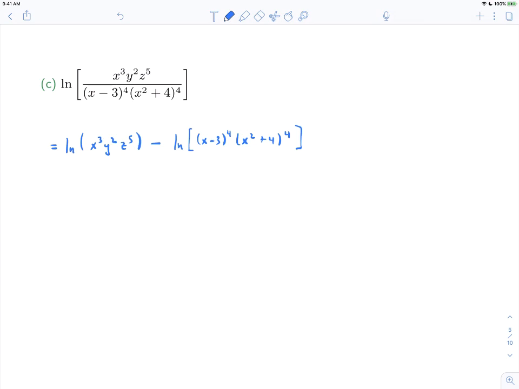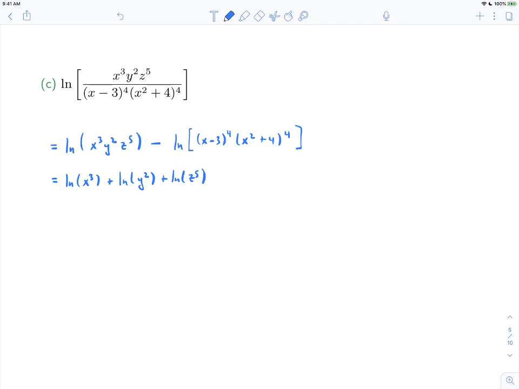Alright, so what we're going to do now is use the property of logarithms that turns products into addition. So this will be ln of x cubed plus ln of y squared plus ln of z to the 5.